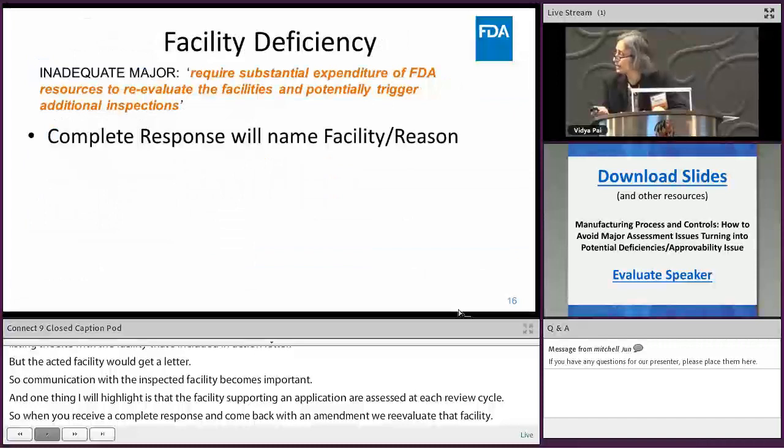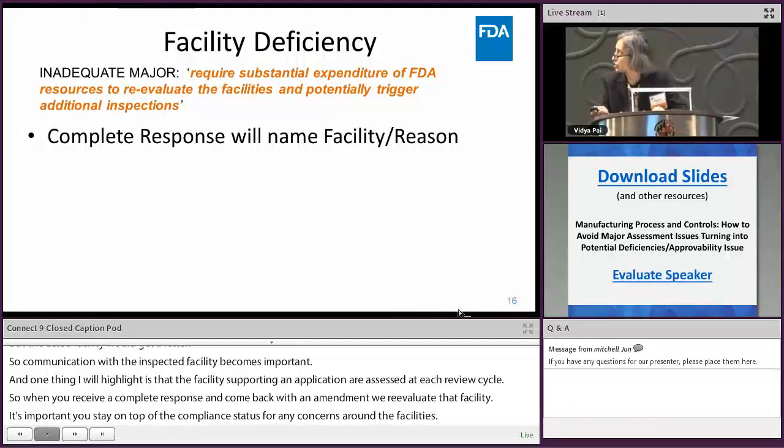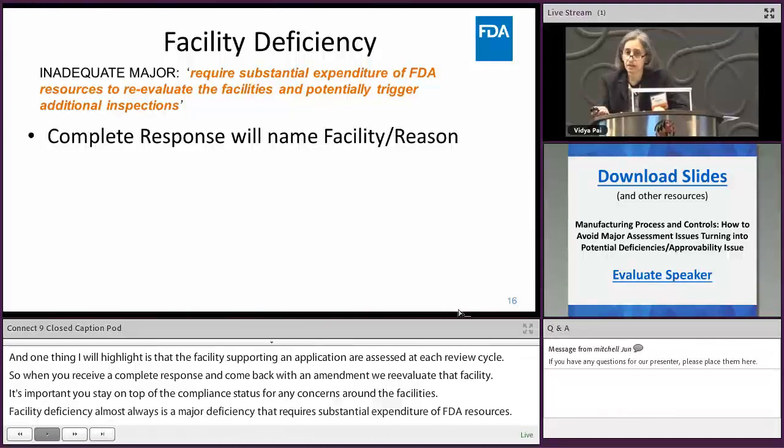A facility deficiency almost always is a major deficiency. It requires a substantial expenditure of FDA resources to reevaluate the facilities, and there is a potential for new inspections in the next cycle. So we do tend to need the time, and so those deficiencies are classified as major.